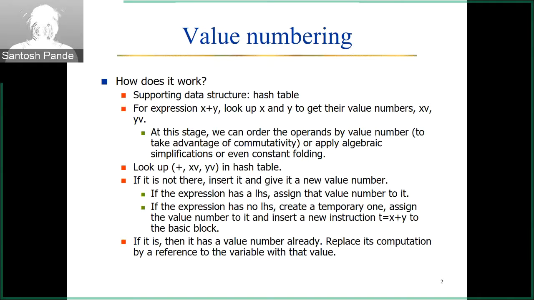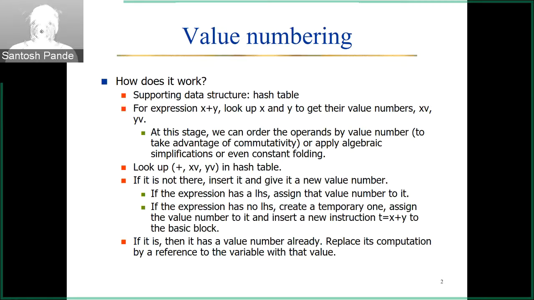So in that particular case, we'll assign a temporary name to it, assign a value number of this expression, and we'll put this instruction at the right place so as to explicitly note the value associated with that sub-expression. The reason is this, that we need to have an L value as a named entity to pick up the value of the right-hand side to be able to do the optimization.